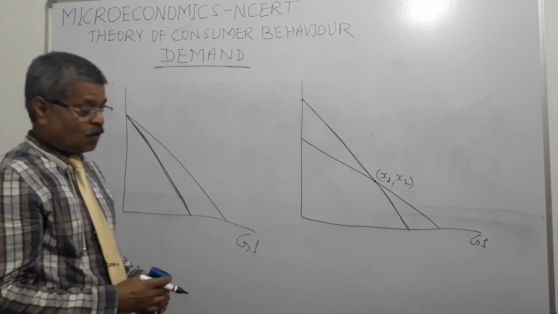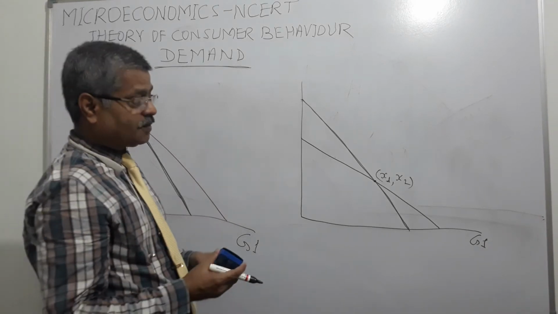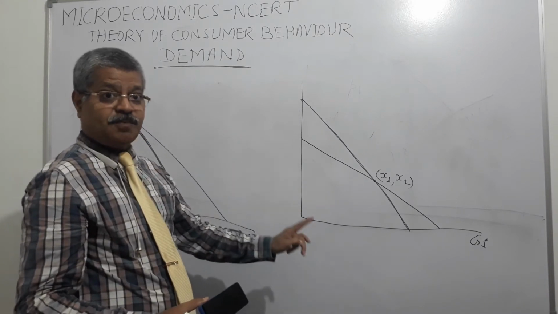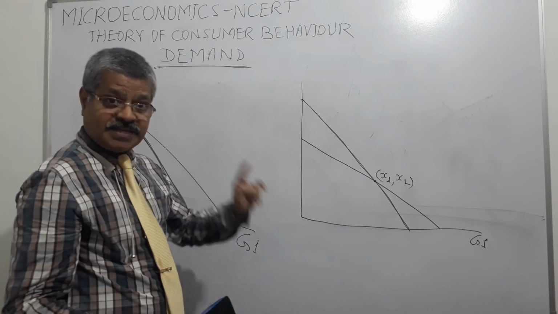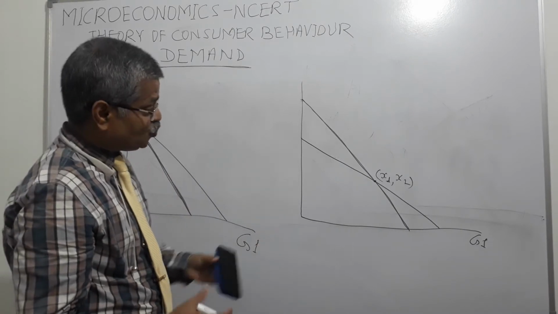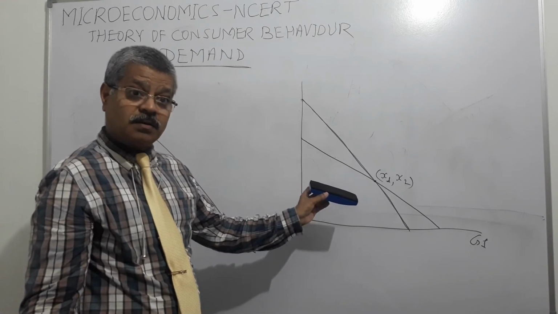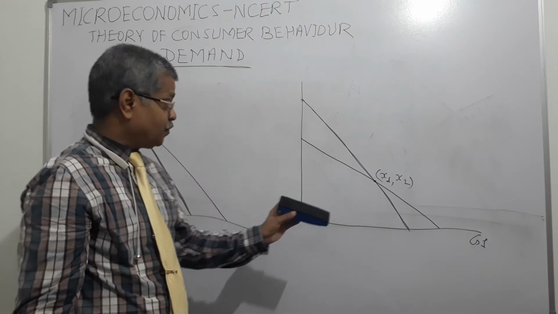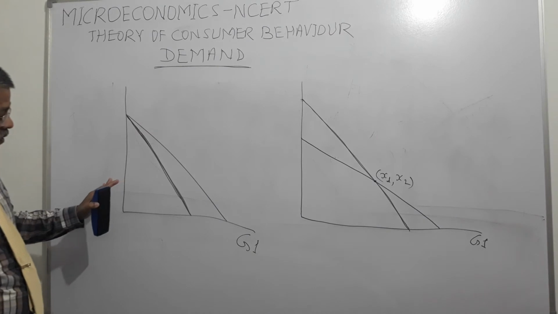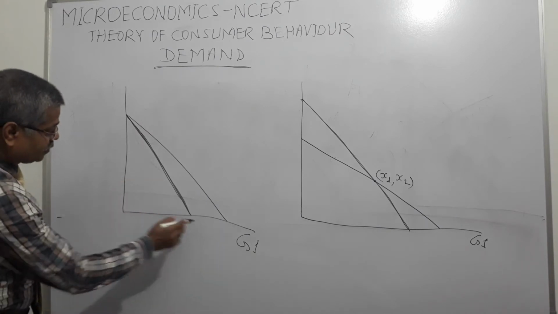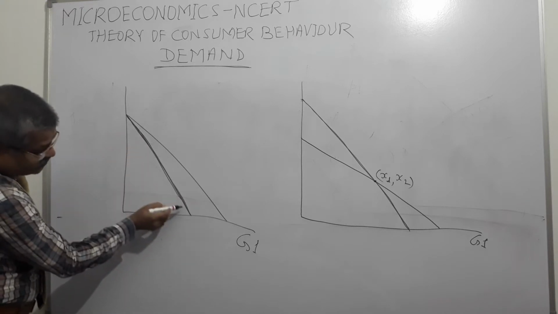Right? Why does it do like this? Because even with the changed price and adjusted income, the consumer is able to afford the same bundle, X1, X2. Here, the price of good 1 has gone down. Here, this was the original budget line.